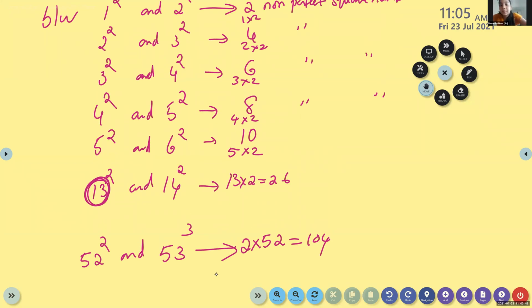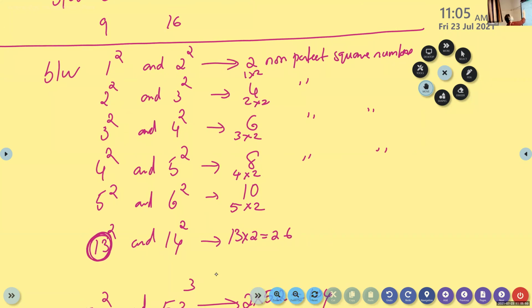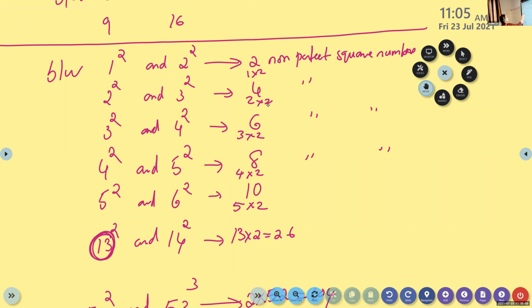See this table. Between 1 square and 2 square, it is 2. Between 2 square and 3 square, 4, that is 2 into 2. Between 3 square and 4 square, 6, that is 2 into 3. 4 square and 5 square, 2 into 4. 5 square and 6 square, 2 into 5. 13 square and 14 square, 2 into 13.